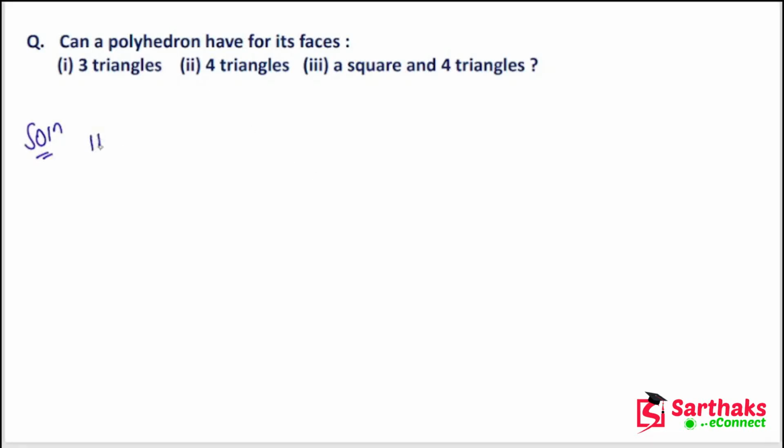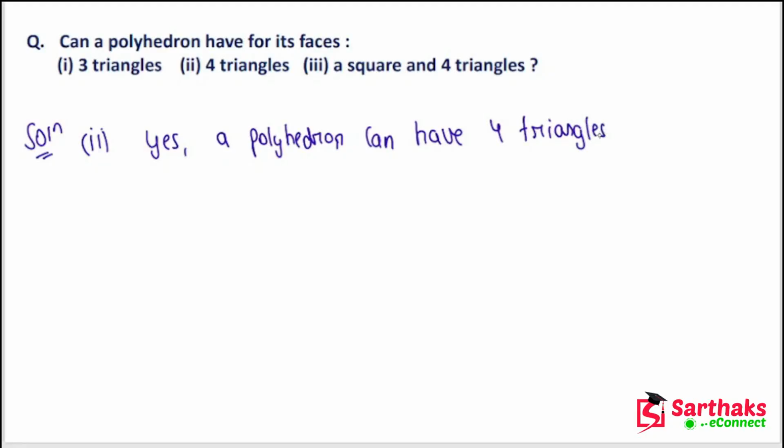So the second part is yes, a polyhedron can have 4 triangles for its faces.